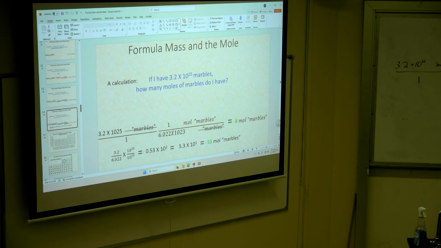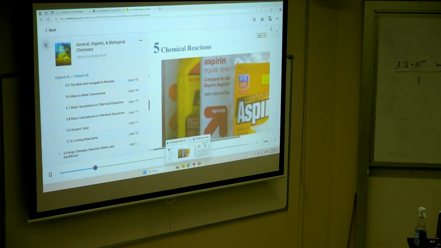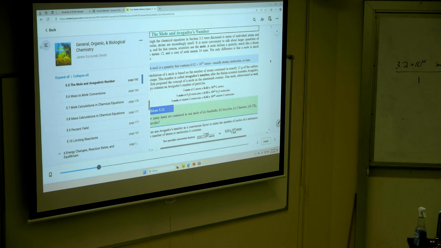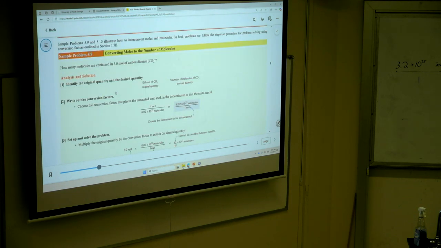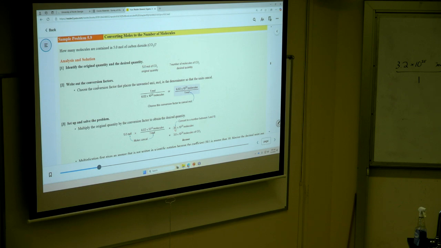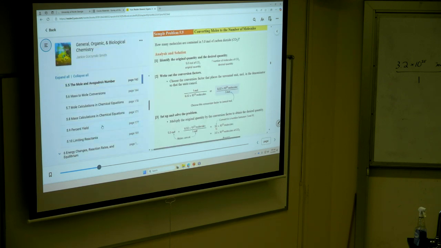Before I continue this, go back here. I didn't find a lot of good examples in the chapter, but let me take us into the chapter problems for something to practice.